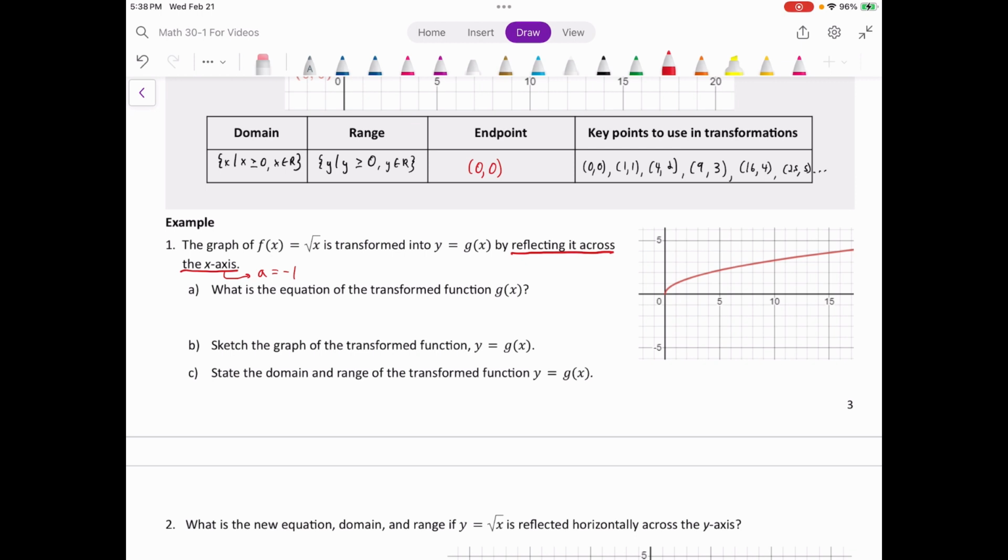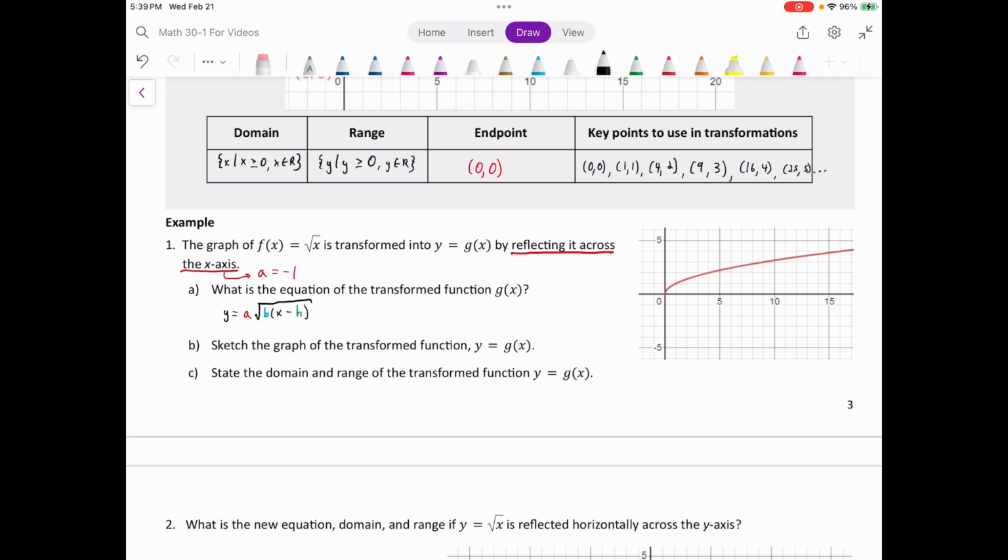Then it asks us, what is the equation of the transformed function? Now, for any radical function, as we kind of just proved, it's a times the square root of b times x minus h, plus k.